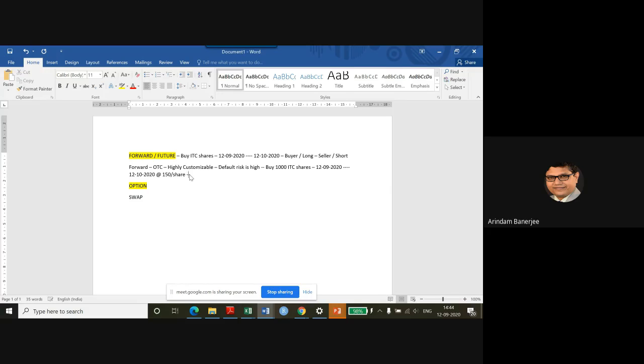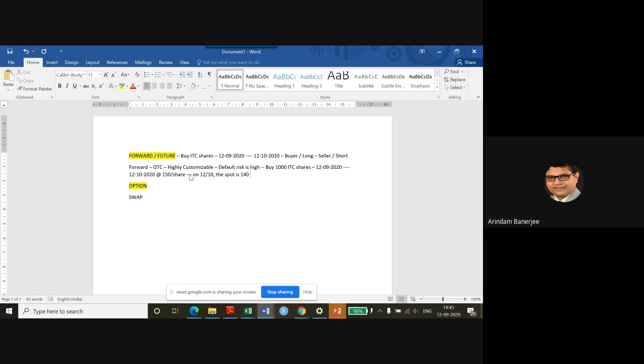Now suppose on 12/10, the spot is 140. Will the buyer be interested to execute the contract?